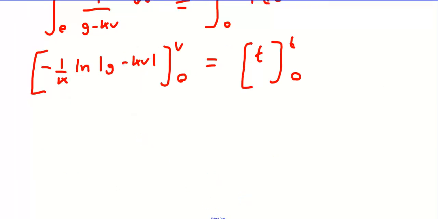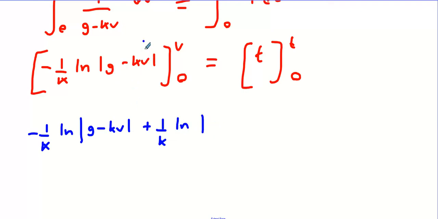Now I'm going to lob in my v and my 0, so it's going to be minus 1 over k ln g minus kv, and then double minus because it's going to be minus times a minus, which would be plus 1 over k ln g minus kv, but it's going to be k times 0, which eliminates the kv part, so it's just going to be g, and that equals t.